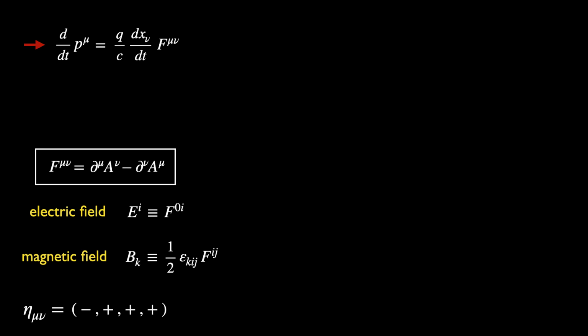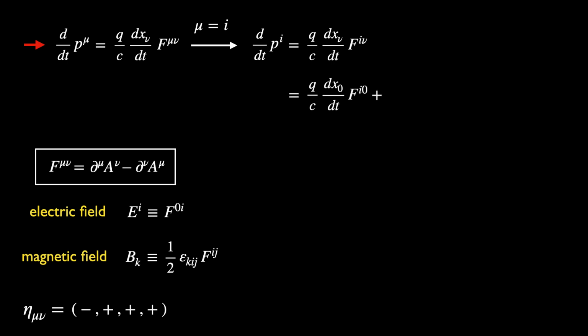Let's examine the spatial components of the equation of motion above. Expanding out the sum over the index nu, we have this term, which is just minus c. The minus sign comes from the lower time index.